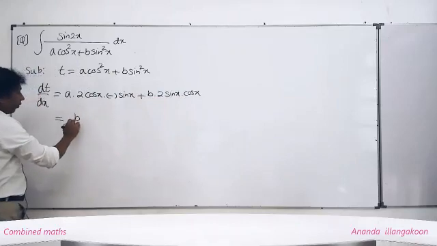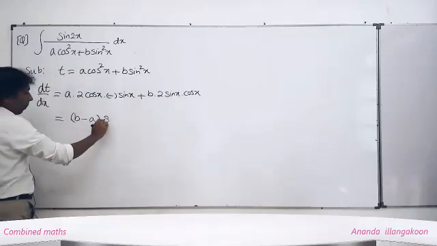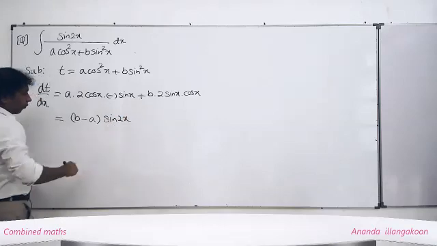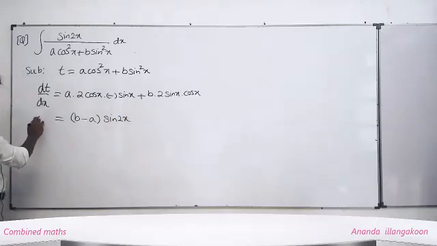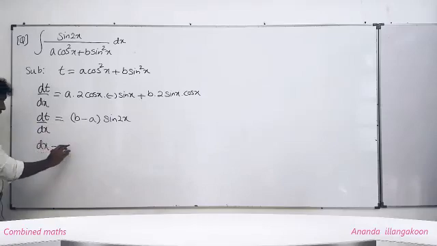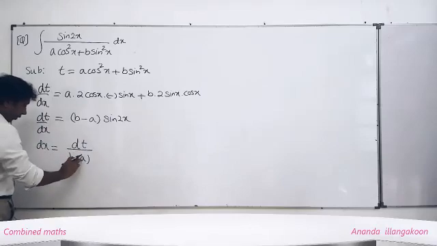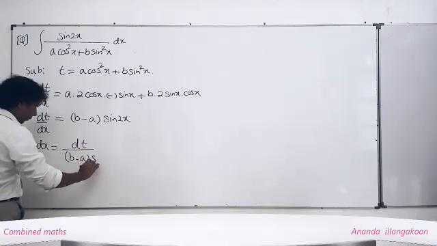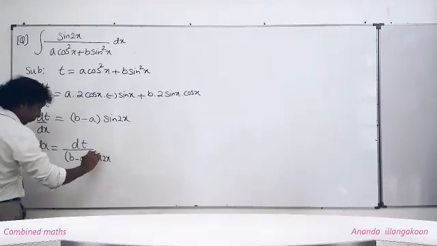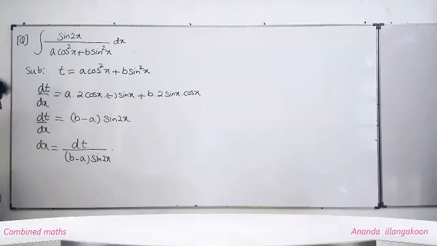Then we get (b minus a) sin 2x for dt by dx. Then dx is dt upon (b minus a) sin 2x. Put that in here.